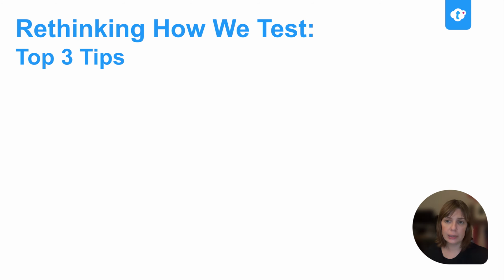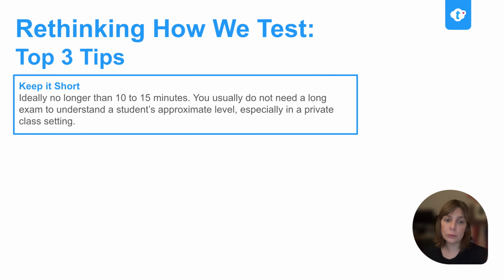My 3 top tips will be: keep it short. Ideally, no longer than 10 to 15 minutes. Usually, we don't need a really long exam to get an approximate level for a student, especially in a class setting. We are not getting a comprehensive view of their abilities right now. This is not the Cambridge English test.